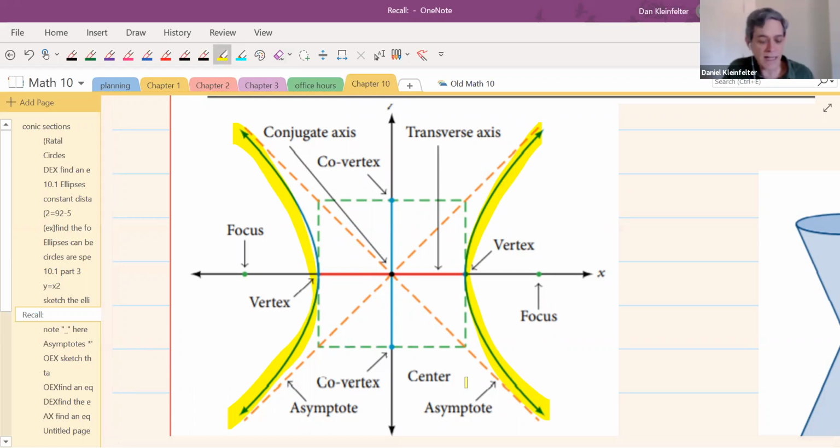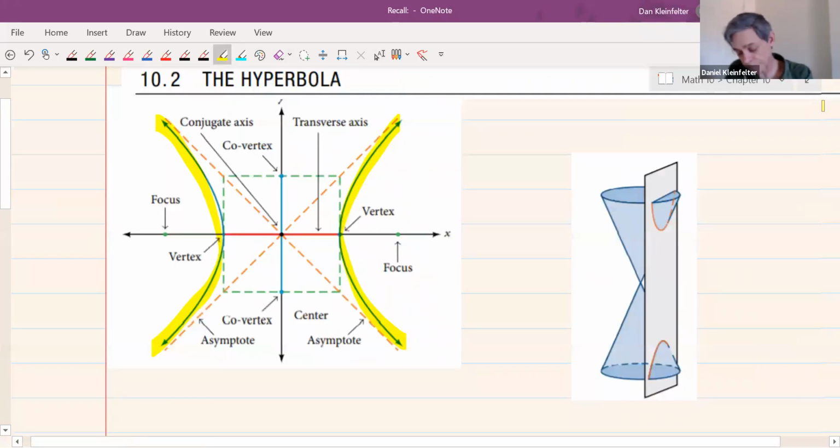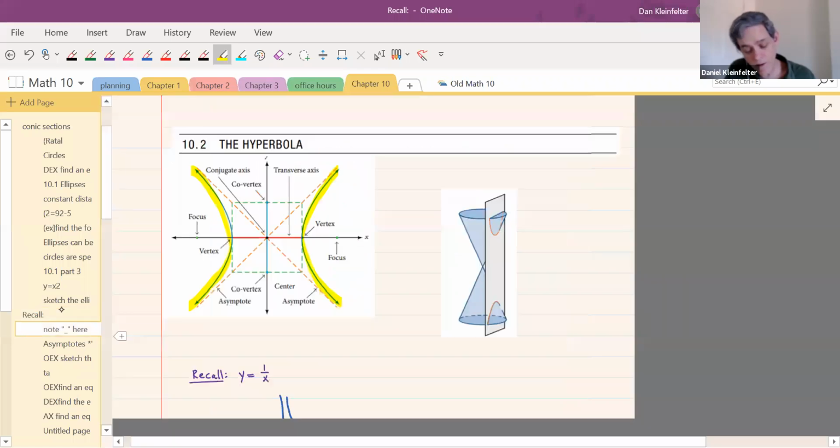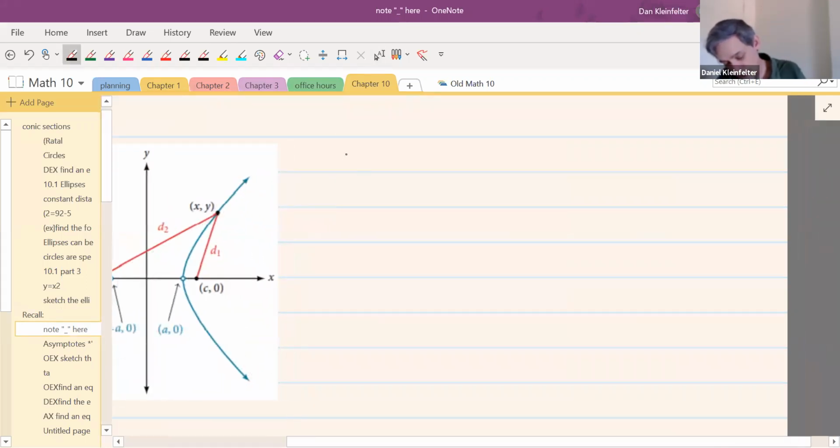We're going to take a look next at the equations for a hyperbola. So we saw with the ellipse that there were two equations depending on whether the ellipse was taller than it was wide or wider than it is tall. It turns out that there's two versions of an equation of a hyperbola, and they look basically like this: x squared over a squared minus y squared over b squared equals 1.